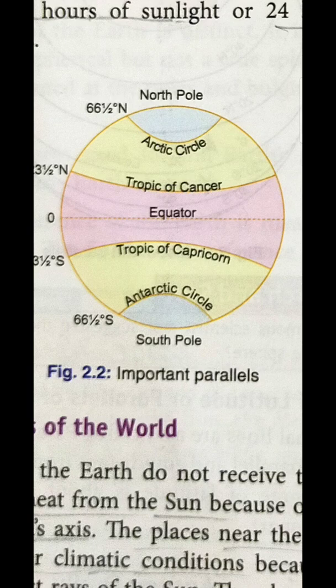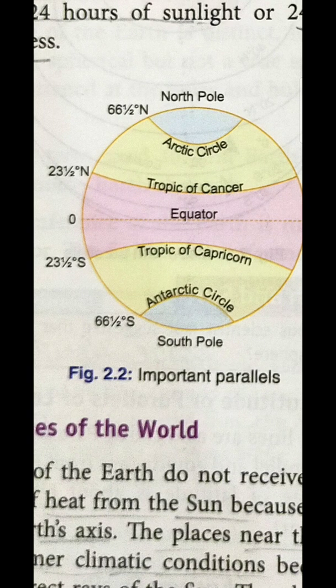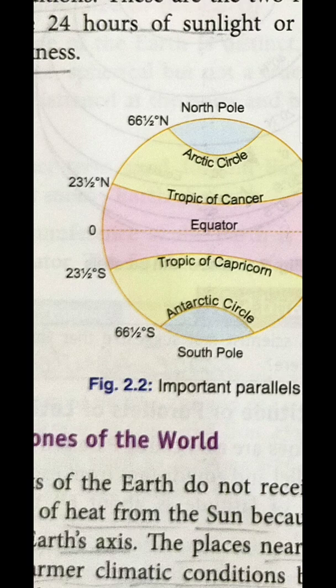Coming downward from the equator, there is the Tropic of Capricorn, below it the Antarctic Circle, and below the Antarctic Circle the South Pole. The degrees are mentioned here: Tropic of Cancer at 23.5 degree north, Arctic Circle at 66.5 degree north, Tropic of Capricorn at 23.5 degree south, and Antarctic Circle at 66.5 degree south.